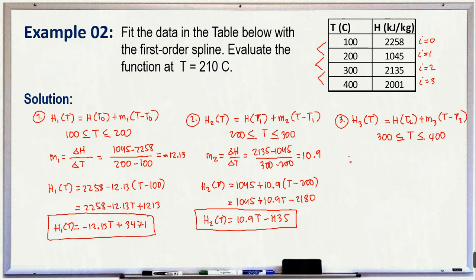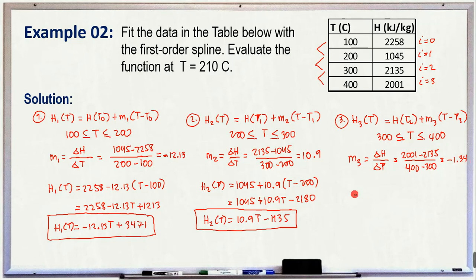Our third slope, change in h over change in t: 201 minus 2135, over 400 minus 300. So what is it? Negative 1.34, sir.